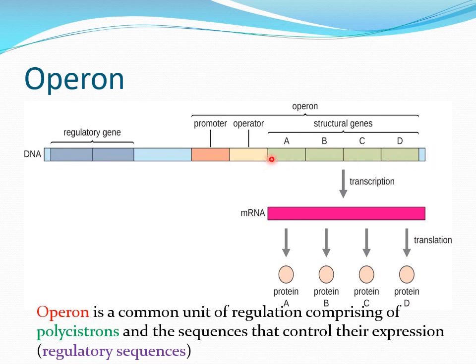Now, when they get activated together, that means they are going to have a common regulatory mechanism, and this structure that results from the combination of the various structural genes of a polycistron and the regulatory sequences, the sequences which regulate the expression of these structural genes, together form the operon. And this concept of operon was given by Jacob and Monod.